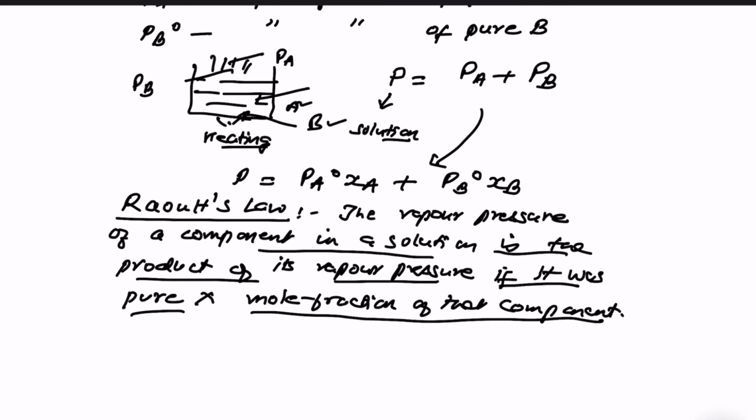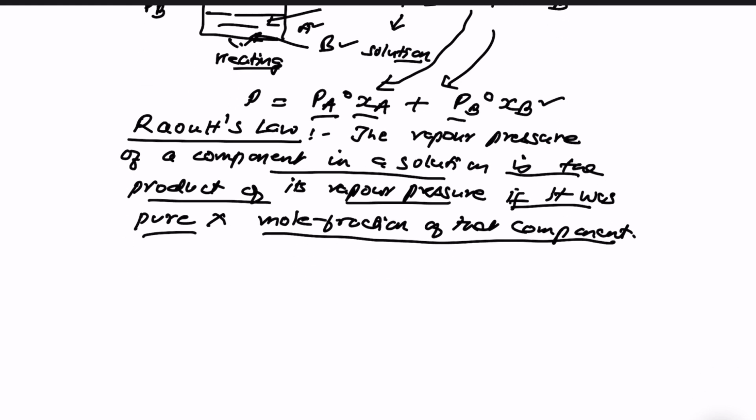That is why I have taken PA as equal to PA naught into XA. PA naught is the vapor pressure of the pure A, XA is its mole fraction. Similarly, PB naught is the vapor pressure of the pure B, and XB is its mole fraction.